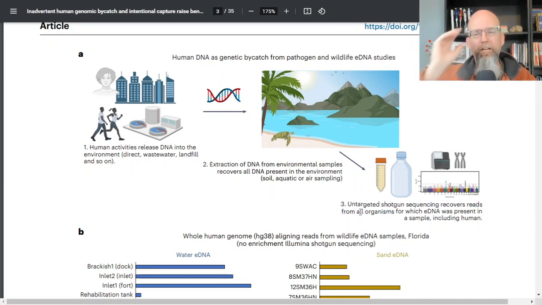Well, what untargeted shotgun sequencing is, in methods today, is that I am not targeting a particular sequence. In one of the labs that I teach, students extract DNA from a sample, and they're interested in a particular gene.